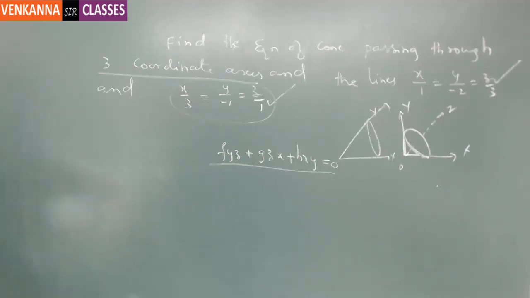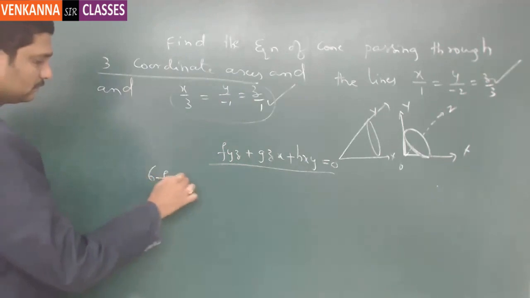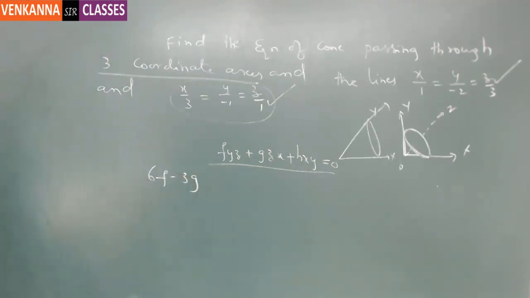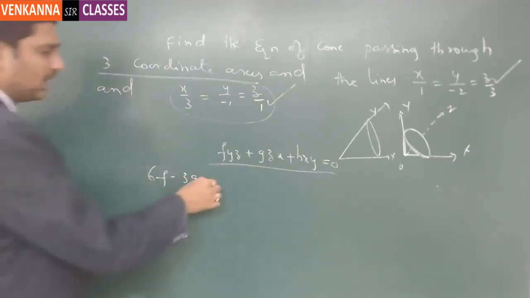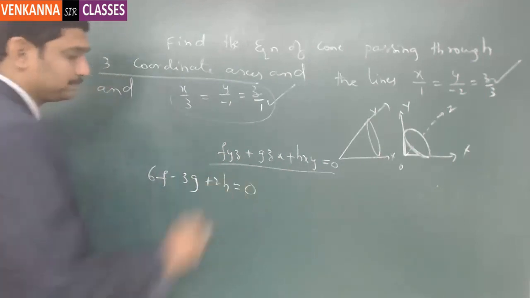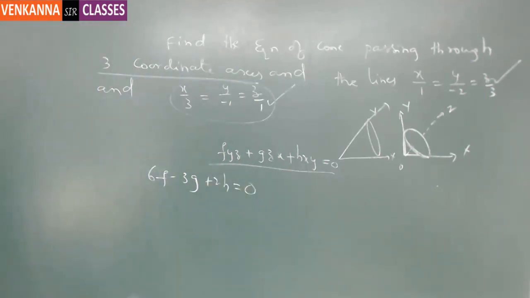So if you substitute the things there, you will get the equation as 6f minus 3g plus 2h equal to 0. That is one equation.